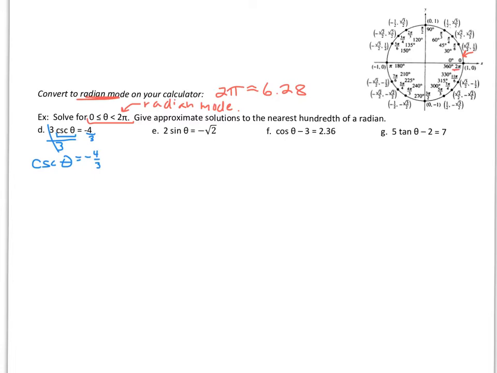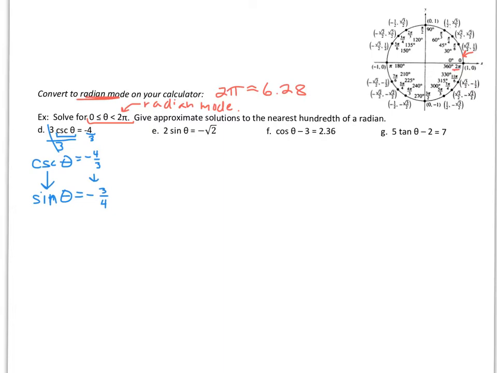Like the part 1 video, anytime we had a reciprocal function and were able to isolate the term, we took the reciprocal. So the reciprocal of cosecant is sine, and that will be friendly to plug in on our calculator. On the other side, the reciprocal of -4/3 is -3/4.